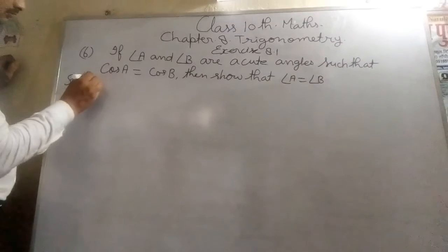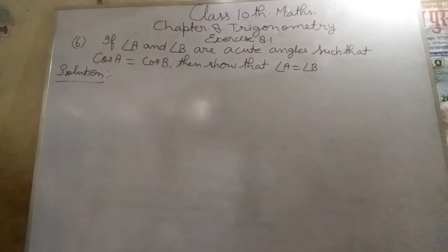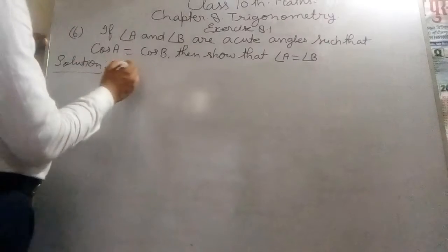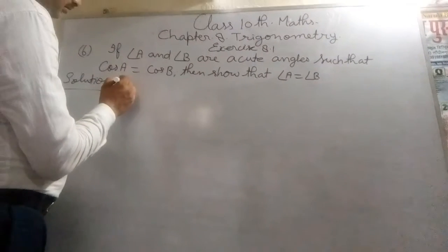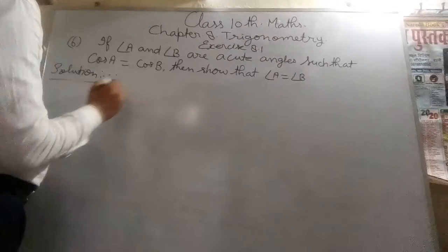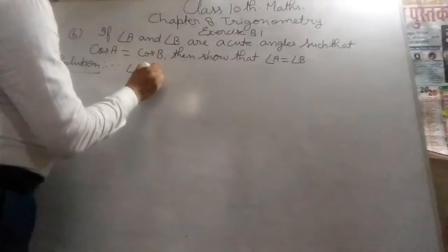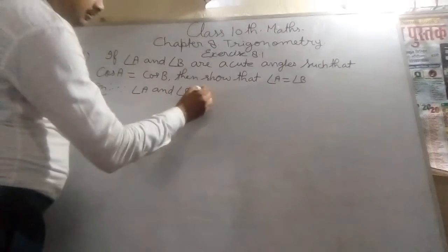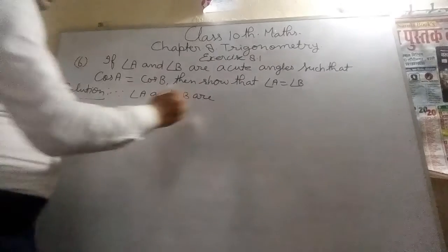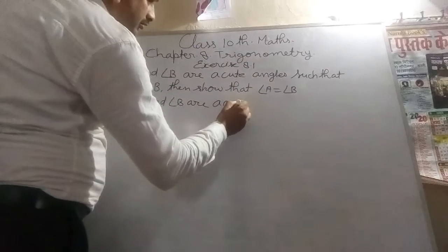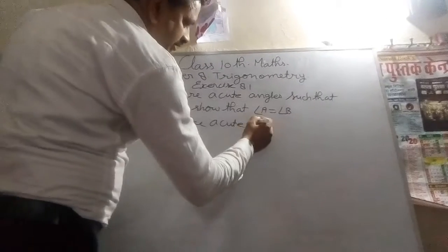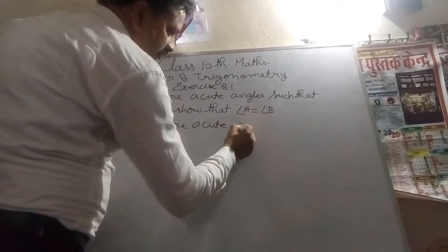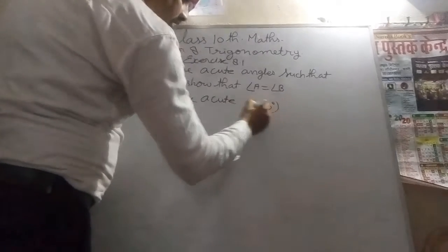Solution. Since angle A and angle B are acute, it means less than 90 degrees.